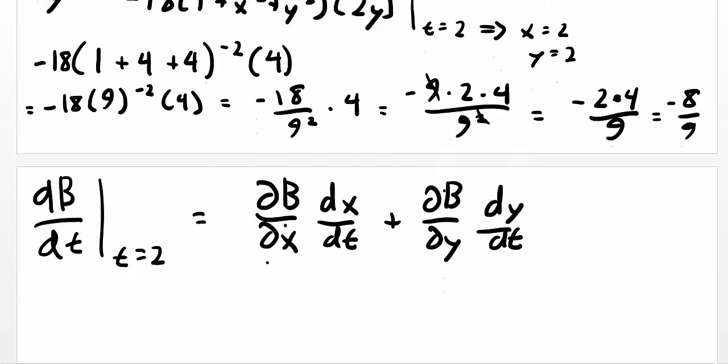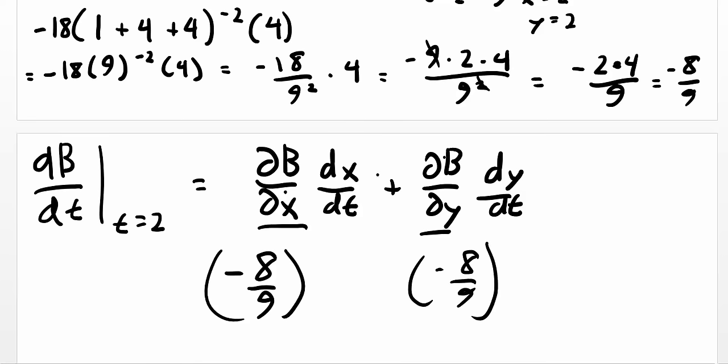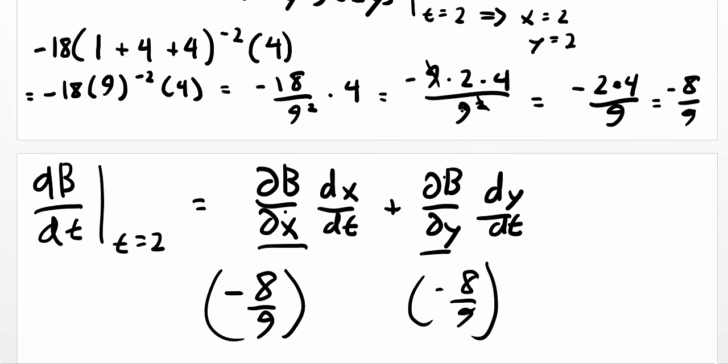So we just found these two numbers to be negative 8/9, and we want dx dt and dy dt, but we never had x and y as explicit functions.